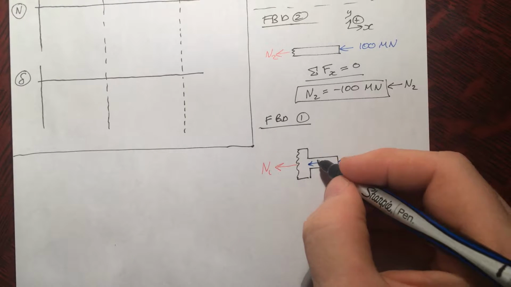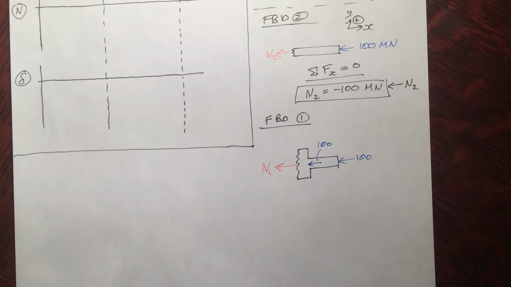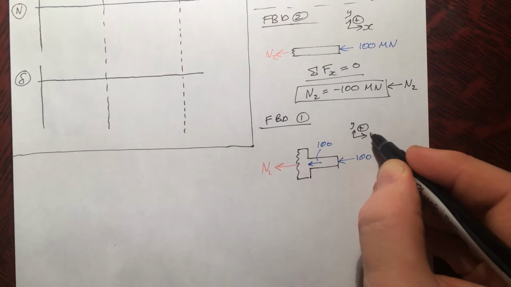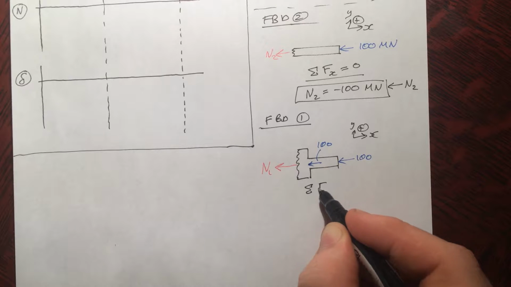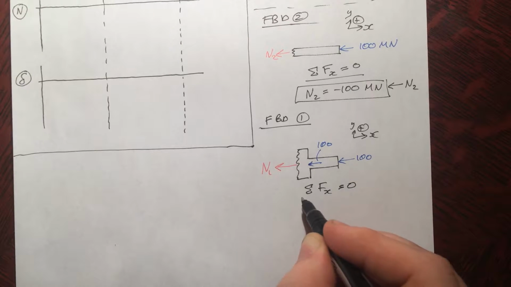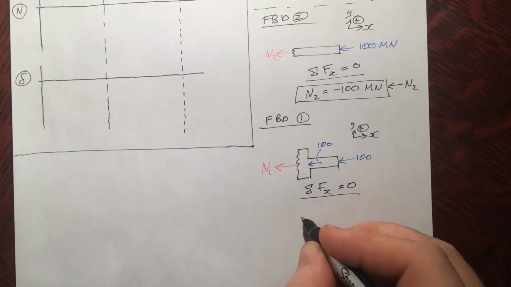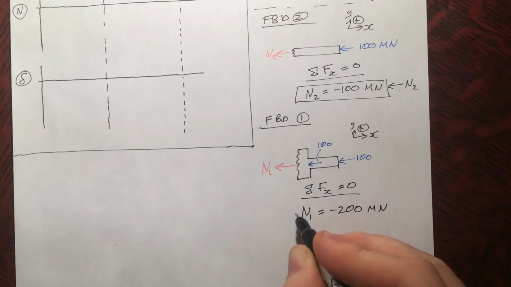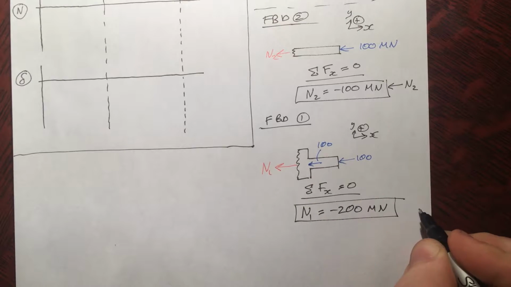Let's draw it like this. 100 meganewtons here. Again, quickly draw in your directions. Sum of the forces in the x equals 0, and N1 equals negative 200 meganewtons.